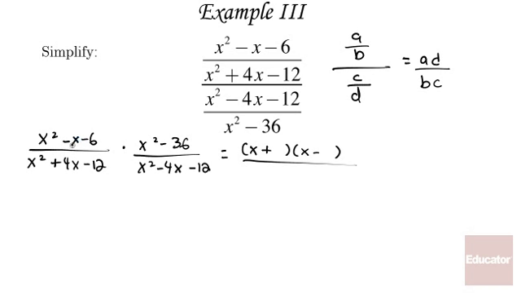So I'm going to try 2 and 3. And since this is a negative term, I'm going to make the 2 positive and the larger term 3 the negative. Let's check that. X times x is x squared. X times -3 is -3x plus 2x. That's going to give me -x. 2 times -3 is -6.